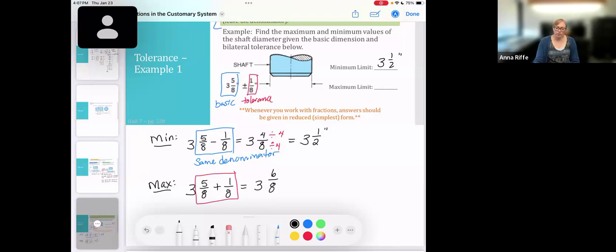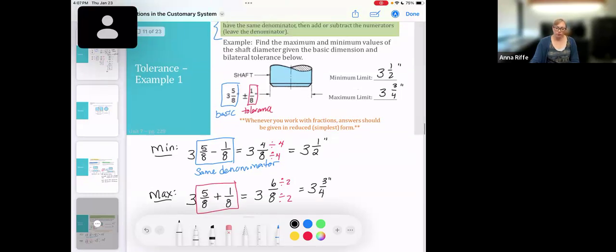The denominator stays. And then I want to reduce by dividing the top by 2, dividing the bottom by 2, giving me 3 3/4 of an inch. 3 3/4 is the maximum limit. So the idea of tolerance and adding and subtracting fractions both come into play here.